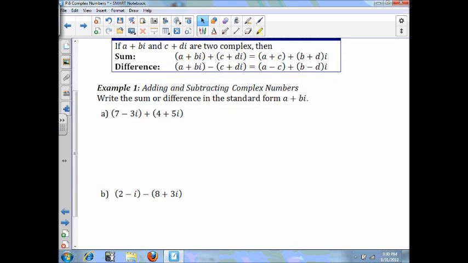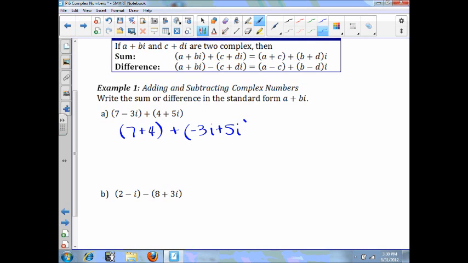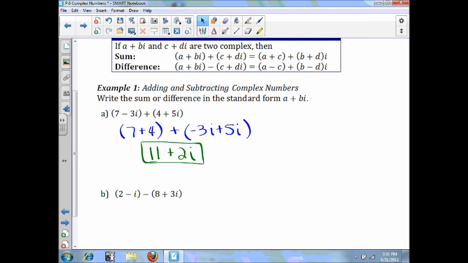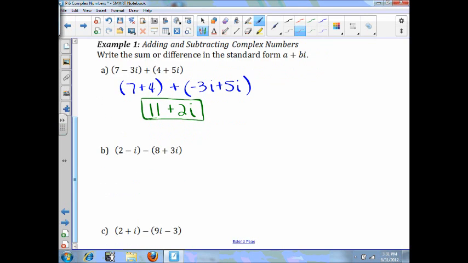Write the sum or difference in the standard form a plus bi. So what we'll have is 7 plus 4 plus negative 3i plus 5i. That will simplify to 11 plus 2i. Now if you look at b, correction, let's try that again.